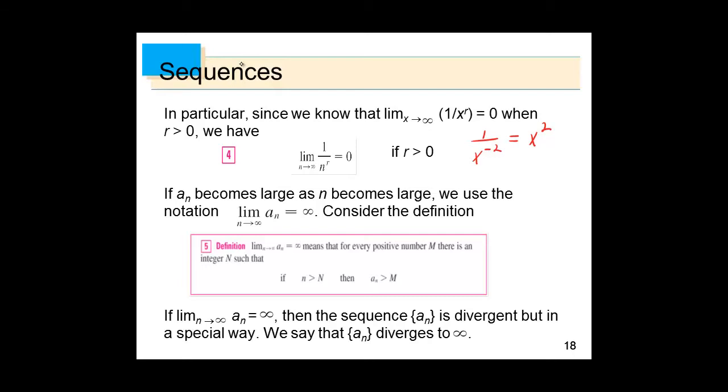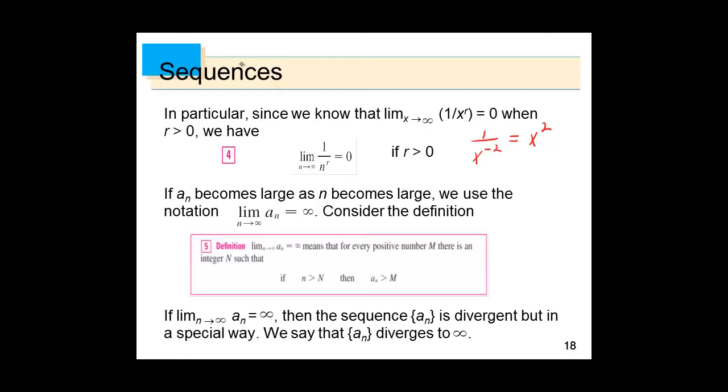It means that for any given positive number m, I can always find a capital N such that all the terms after the capital Nth term are bigger than m. You give me any big number, I can always find a capital N such that all the terms after the capital Nth term are bigger than it.